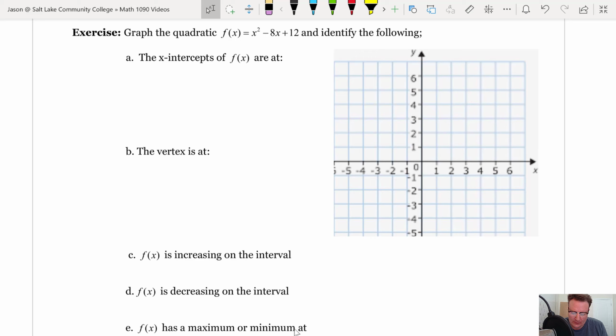Okay, so the x-intercepts. This is where f of x equals 0, so I want to set x squared minus 8x plus 12 equal to 0, and I want to solve this equation. I'm going to try to factor this. I need 2 numbers which multiply to 12 and sum to 8, 2 and 6, right?